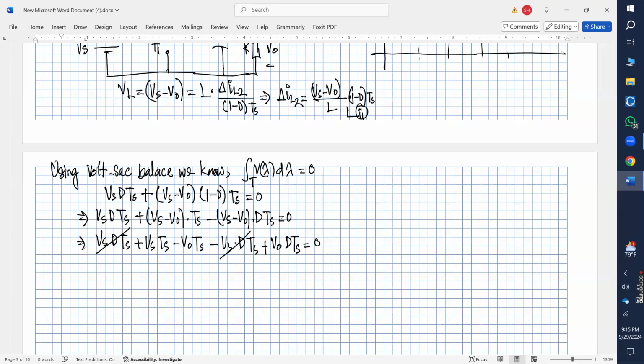So this term and this term will cancel out. So we can write Vs multiplied by Ts equals V naught Ts minus V naught DTs, right? Or Vs Ts equals V naught, if you take common, 1 minus D multiplied by Ts. If you cancel this out, your V naught is nothing but 1 over 1 minus D multiplied by Vs.